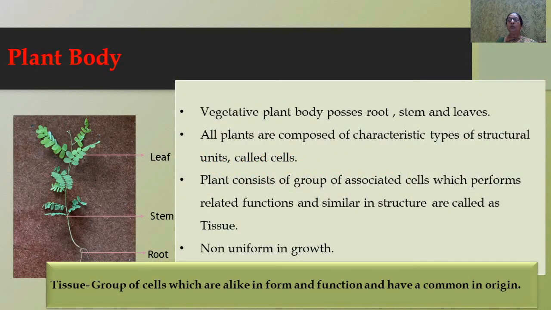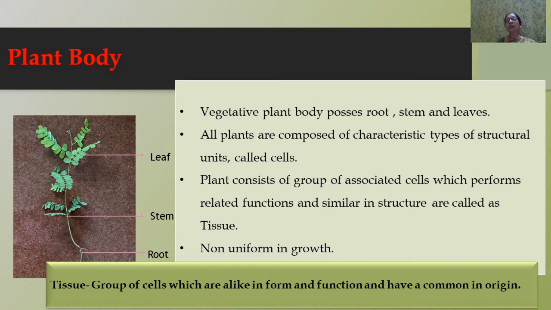So, students, you know all the plant body is made up of the vegetative organs: roots, stem and leaves. All the plants are composed of characteristic structural units called cells.